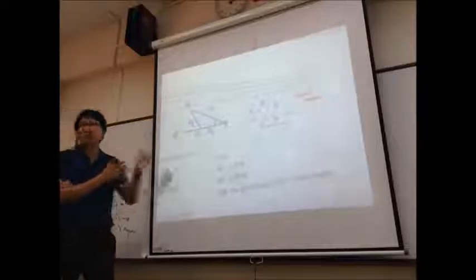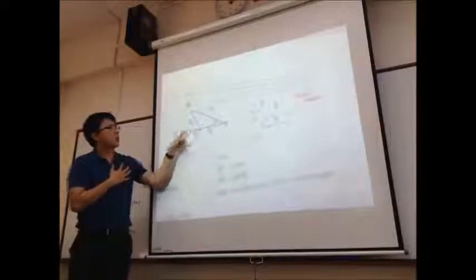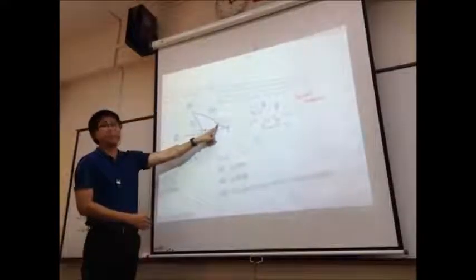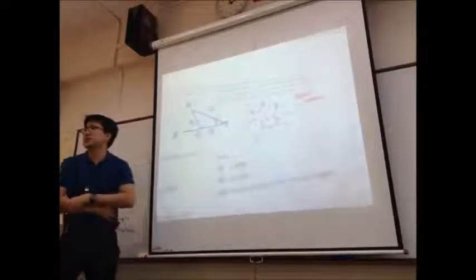Is it like that? Do you see the triangle I want you to focus? APOB. That means I pluck out this triangle. Why? I want to find APB. Is it easy or difficult?